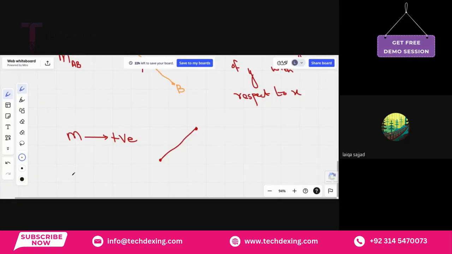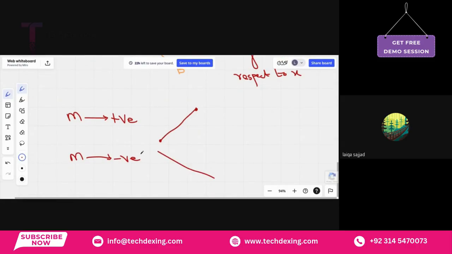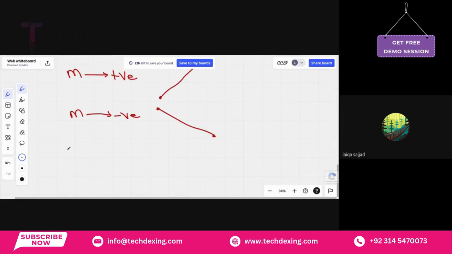Whenever you get a negative slope, the line will be falling like this. And whenever you get a zero slope, your line will be simply a horizontal line. There will be no change in the y-axis. That's when you will get the slope as 0.